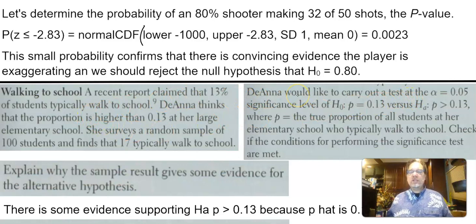This small probability confirms that there is convincing evidence that the player is exaggerating, and we should reject the null hypothesis that he's an 80% shooter.